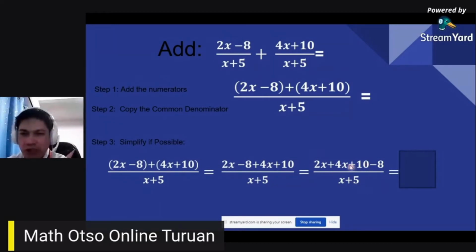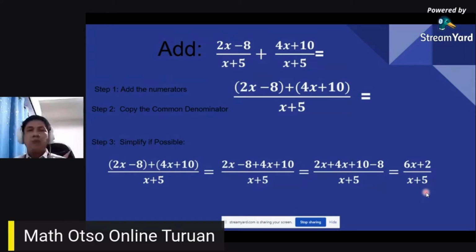Now we add 2x plus 4x. Similar terms, that is 6x. And then 10 minus 8 is positive 2, all over x plus 5. This will be our final answer: 6x plus 2 all over x plus 5. That is the simplified form. There is nothing left to cancel.